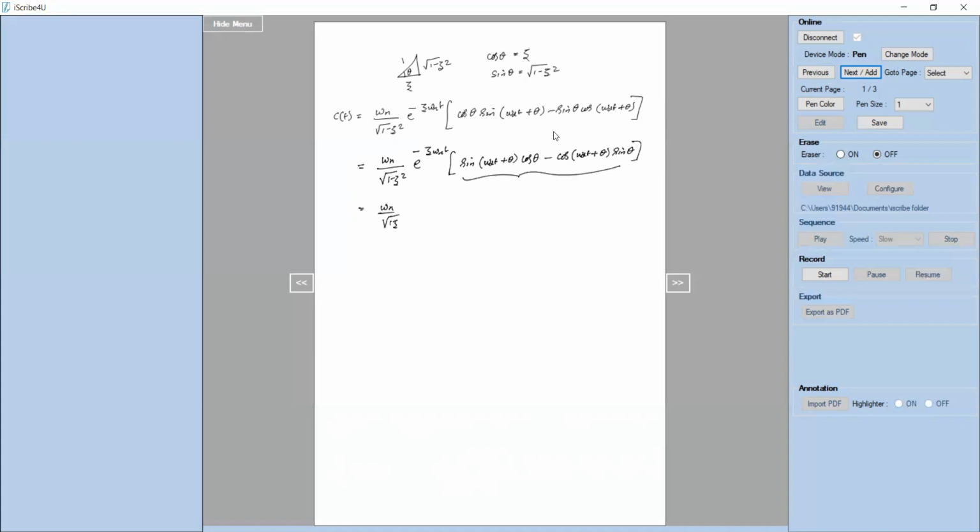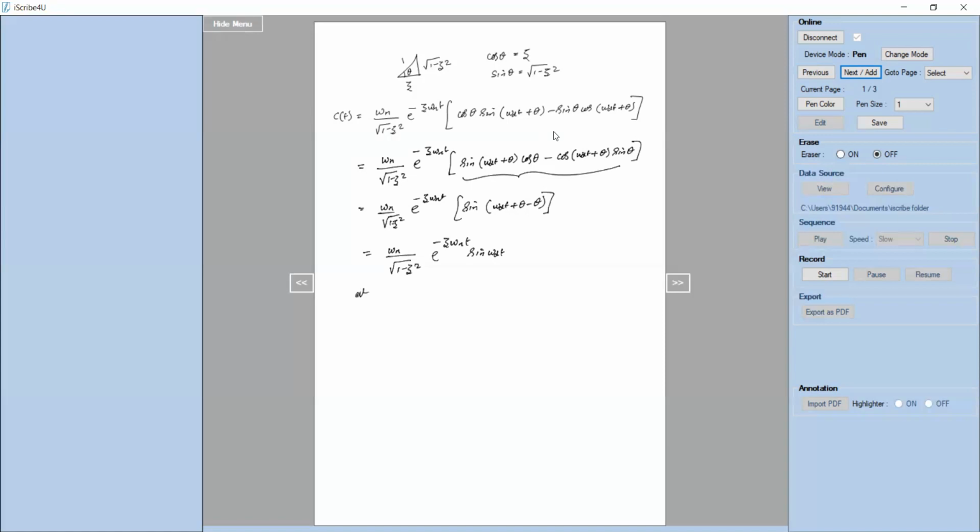So I can write it as sine omega dt plus theta minus theta. So this is equal to omega n divided by square root of 1 minus zeta square e power minus zeta omega n t sine omega dt, because theta gets cancelled. This is what you will be getting.